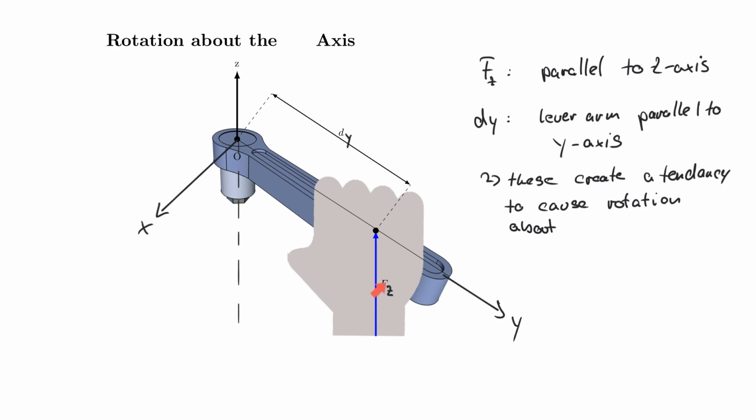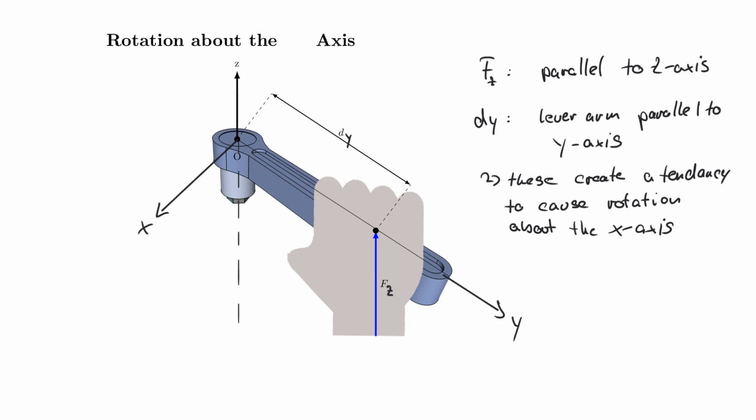So let's look at that. Now I'm rotating this force here, Fz, to this point with lever arm dy. And what that really means is that I'm rotating from positive y to positive z, right? So imagine this. I'm turning from positive y to positive z, and that means that I actually have rotation about the x-axis.